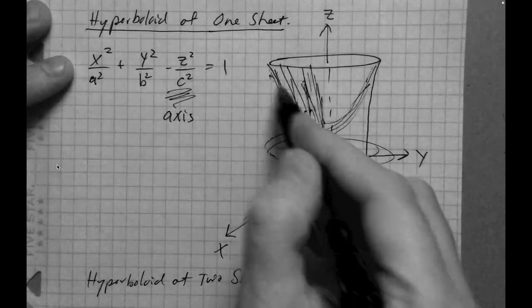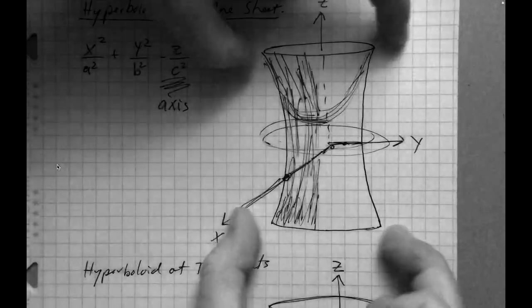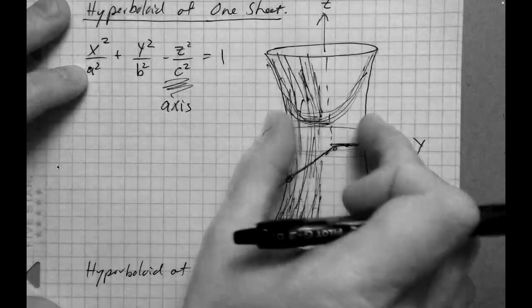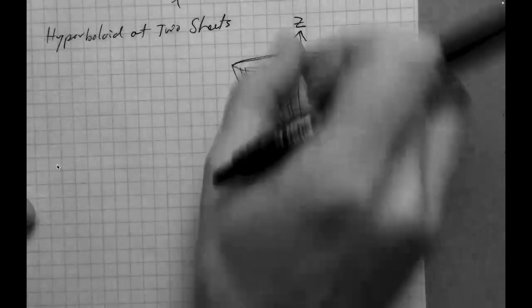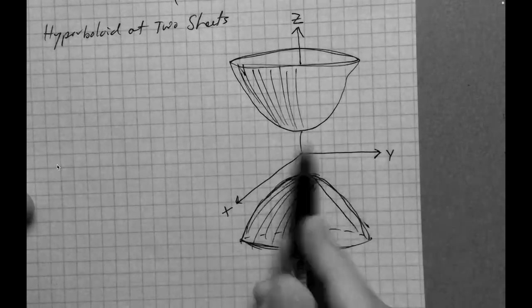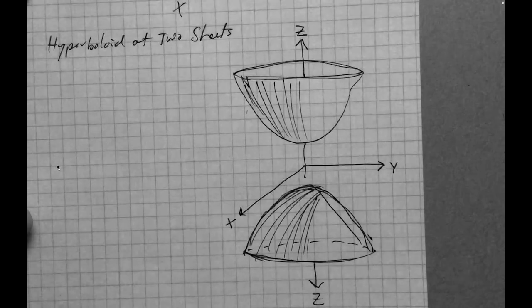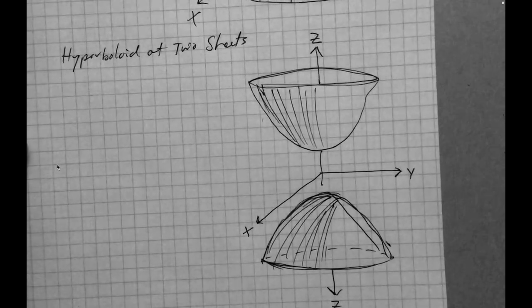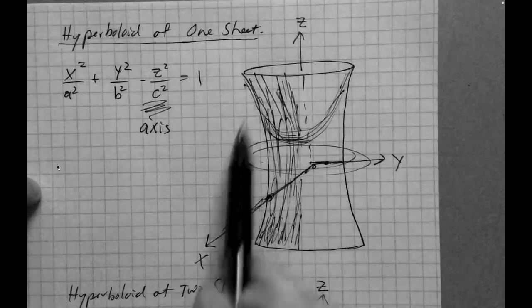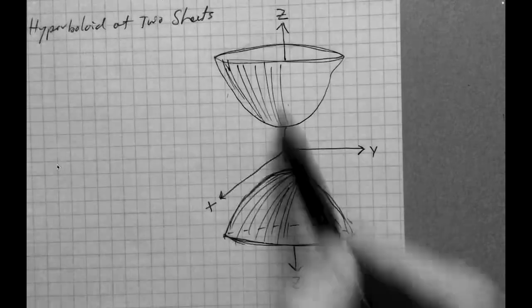So you can imagine this thing either stretching at the top and pinching at the bottom, and if you did that, eventually it would pinch off, and you would have this two-piece hyperboloid. So the one sheet versus two sheets: this is all one continuous surface, while this is two separate surfaces.